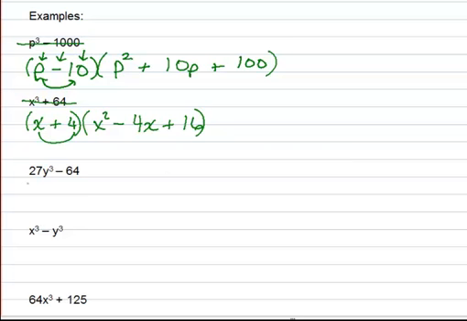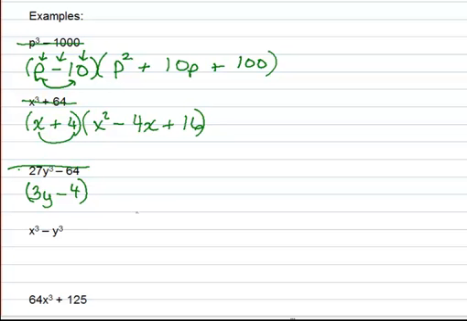Our next one, again, remember that we have to look and make sure every single piece is a cube. So 27 is 3 cubed, y cubed, obvious, and 64, again, 4 cubed. So we know that it's perfect cubes. So we take the cube root of 27, the cube root of y, keep the sign, the cube root of 64. We're done with that.